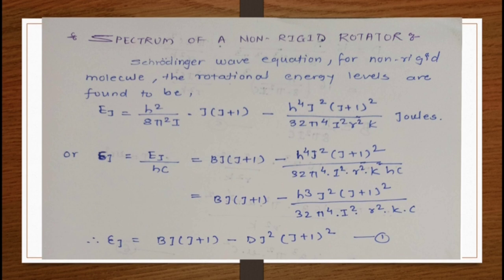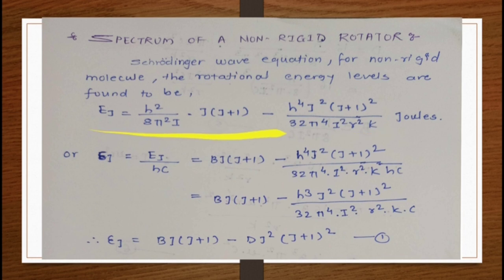So capital E_J is equal to h square upon 8 pi square I into J(J plus 1). This is the first term. Minus h raised to 4 J square (J plus 1) whole square divided by 32 pi raised to 4 I square r square k.